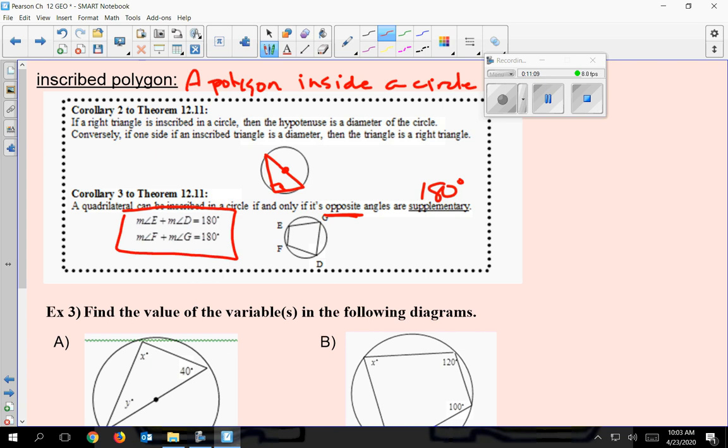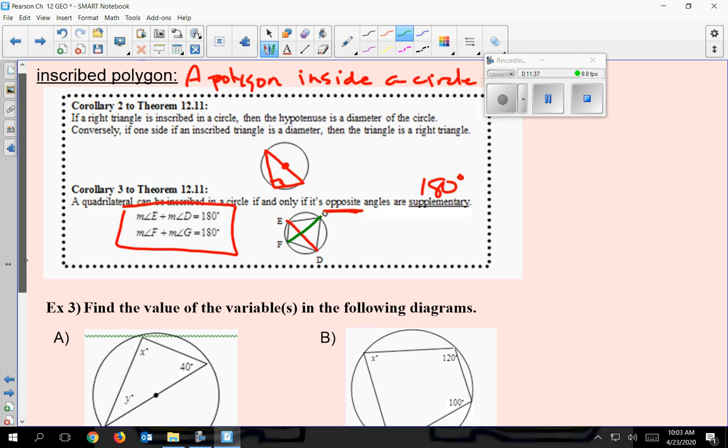But E and D are opposites, okay? So we have to take those two opposites. If I add them together and they equal 180, then that quadrilateral is inscribed in a circle, and it has to be for both. So there's another set of opposite angles here, F and G. They also have to add up to 180 for a quadrilateral to be inscribed, okay?